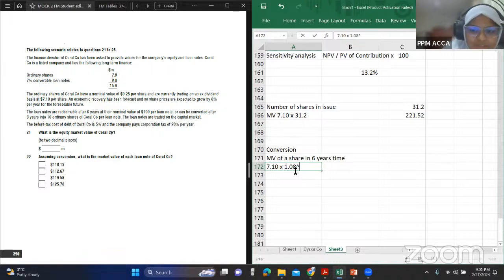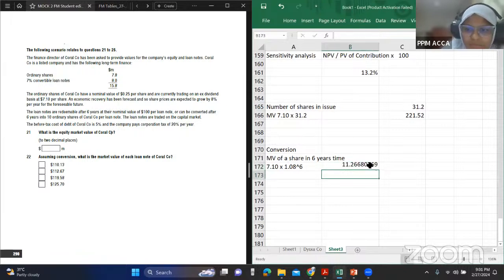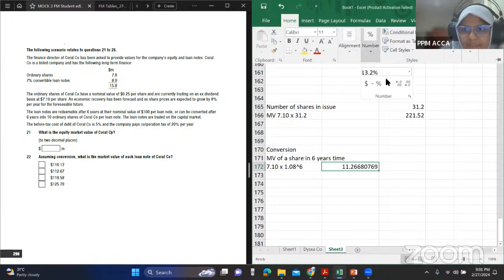We want to know for 6 years, so to the power 6. In 6 years time, it will be 11.26. I'll just take it to 2 decimal places, 11.27 basically.